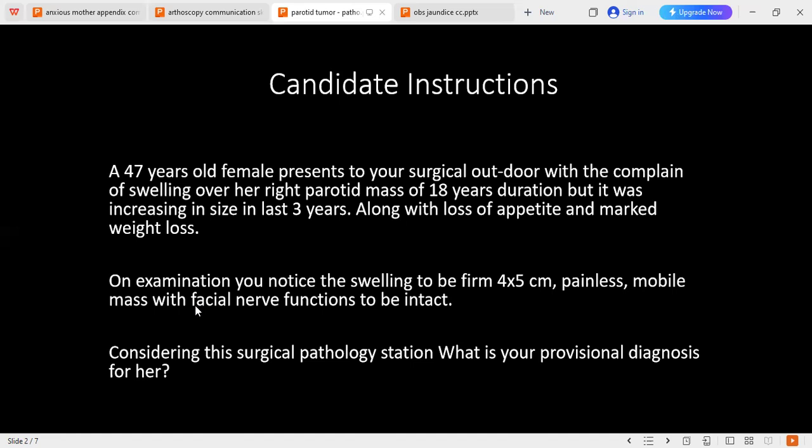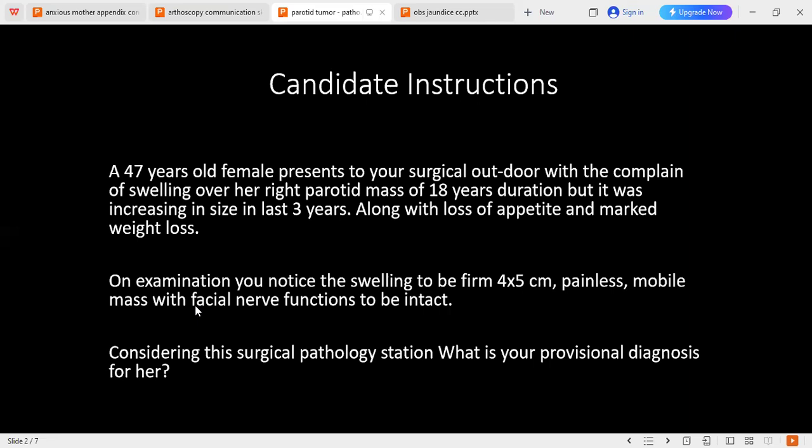Please tell me what are the types of parotid tumors that you are aware of? There are benign tumors and then there are malignant ones. 85% of them are benign, such as pleomorphic adenoma, Warthin tumor, oncocytomas, basal cell adenomas, canalicular adenomas, and then there are ductal papillomas.